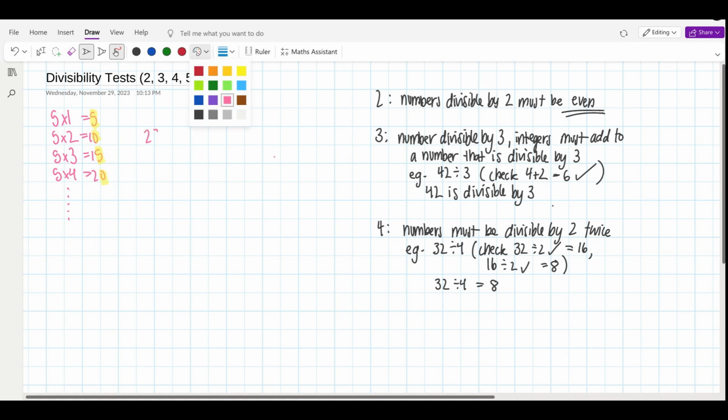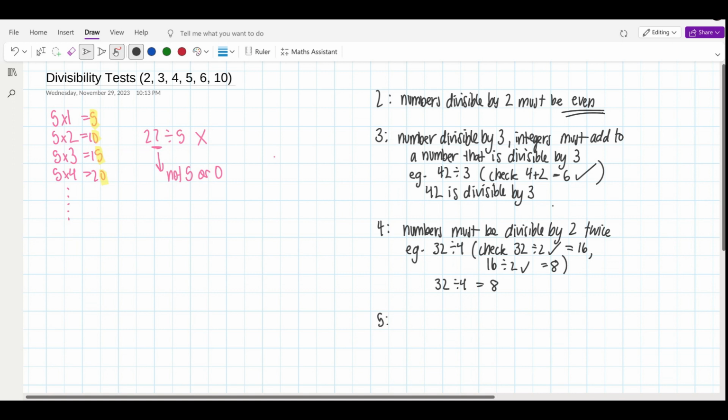And we can actually test this. Is 27 divisible by 5? Well, 27 isn't in our 5 times tables, which means it's not. And it also doesn't end in a 5 or a 0. So therefore, we've just proven that that is how it works. So let's write it out.